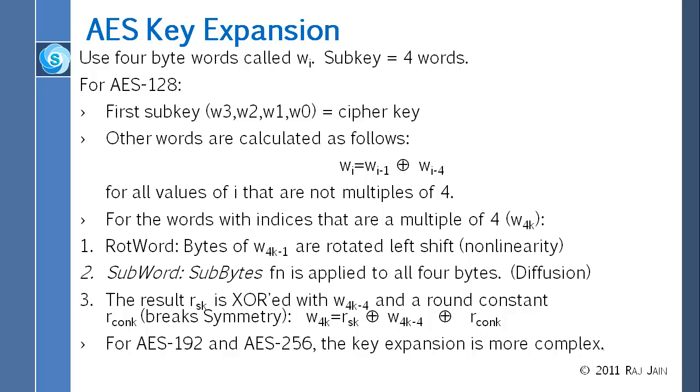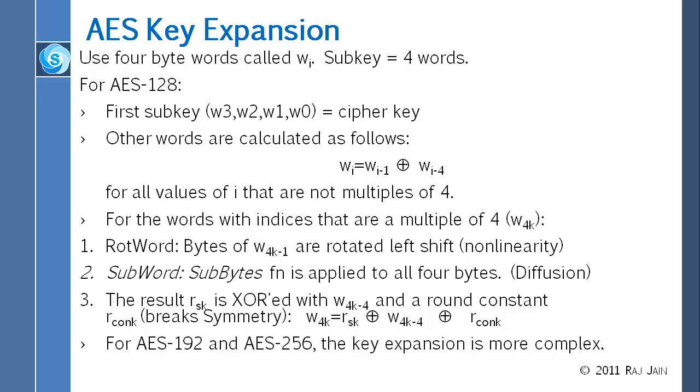So just like in the cipher, where for every round there is a different number of shifts, 1 shift or 2 shifts, similarly here they have a different constant. That constant and w 4k minus 4 are exclusive ORed with the result of the previous 2 steps, and then you get w 4k.